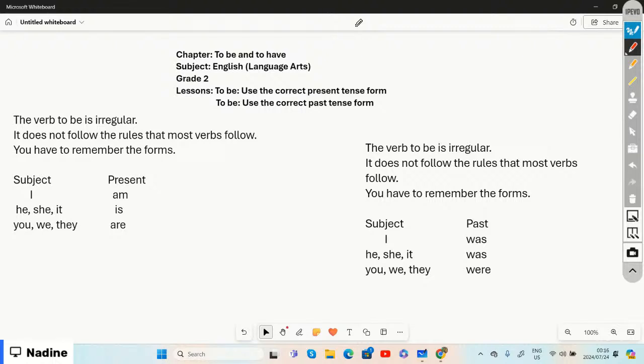All right. So now, if we look at our subject and we also look at our present tense verb.